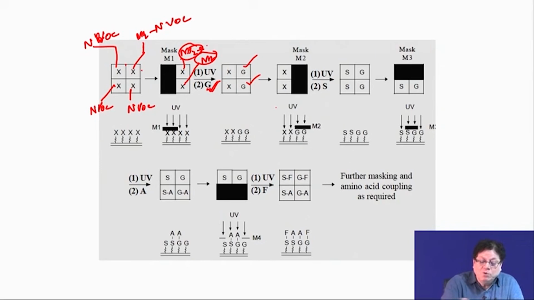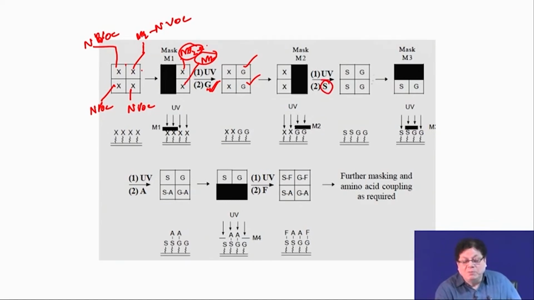Now, what you do? You cover this part and shine light on this side, what was earlier covered by the opaque screen. Then this will form the NH2 now, and you add the S, another second component.